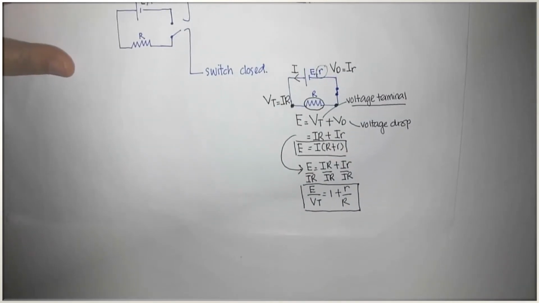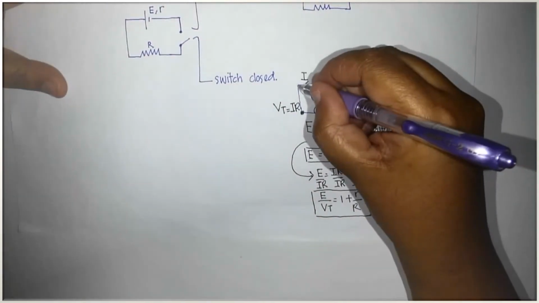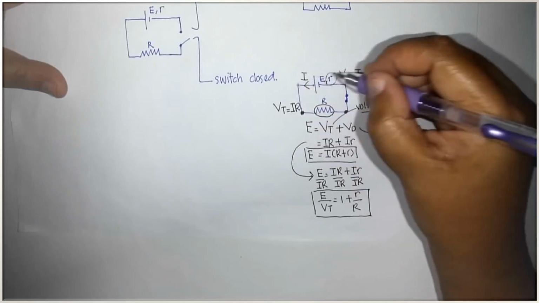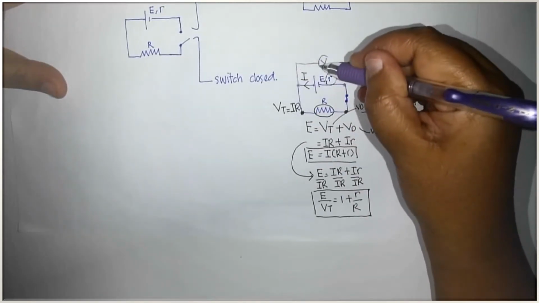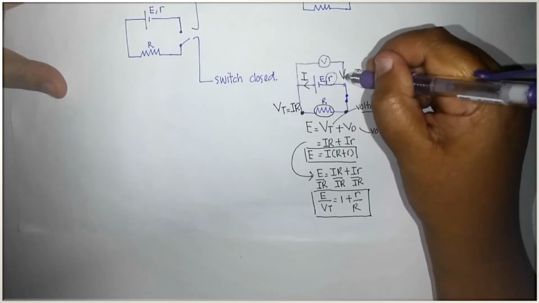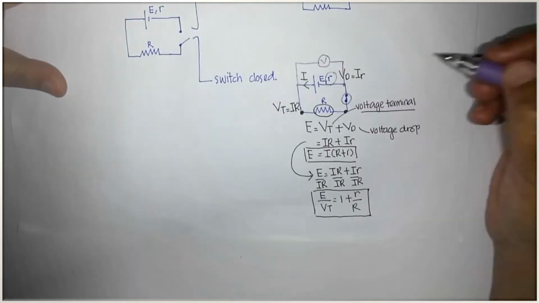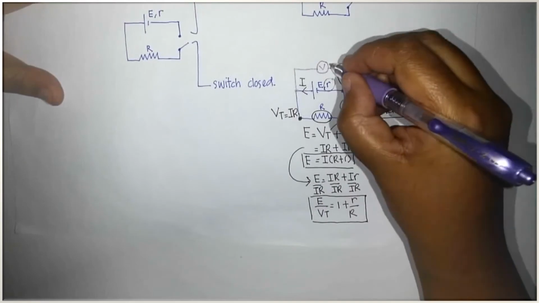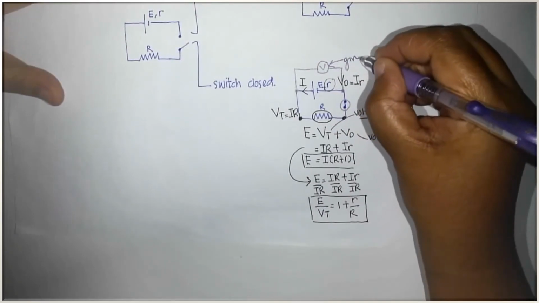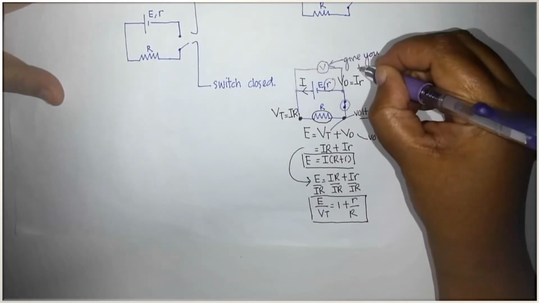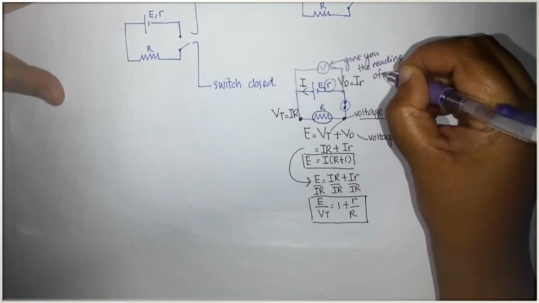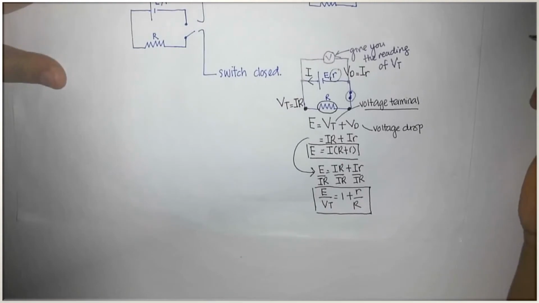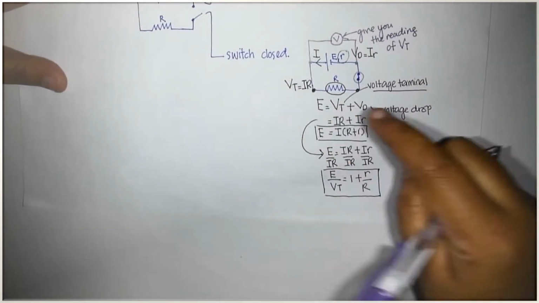Now let's look at what happens when we measure the voltage from this terminal to this terminal. We can connect a voltmeter. When the switch is closed, class, the voltmeter will give you the reading of VT, the terminal voltage.